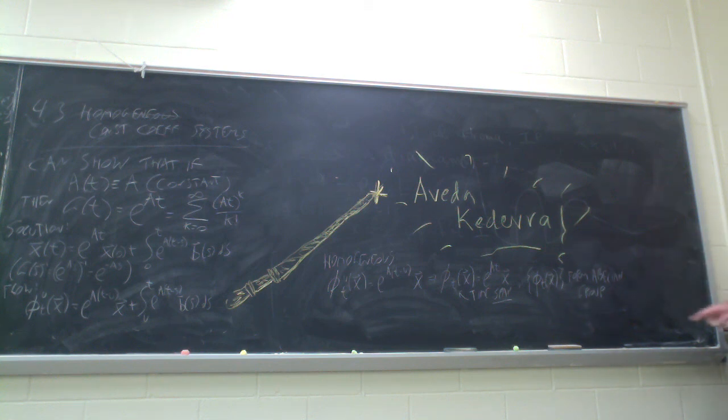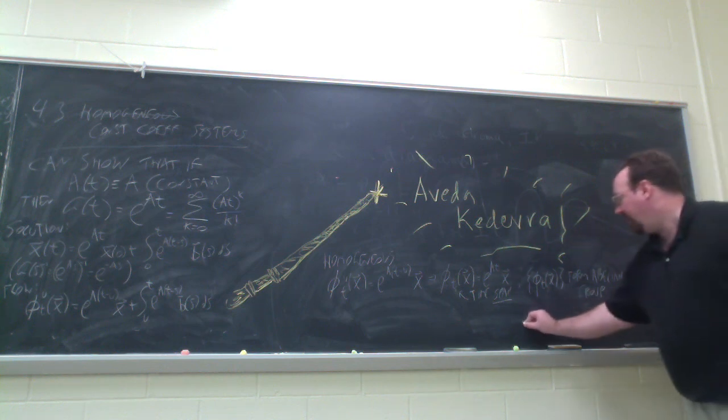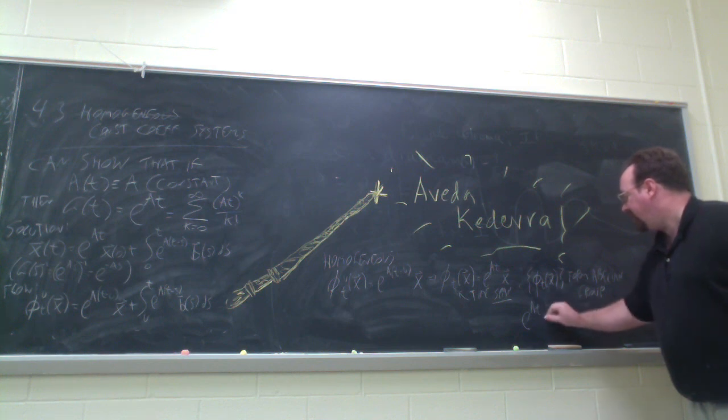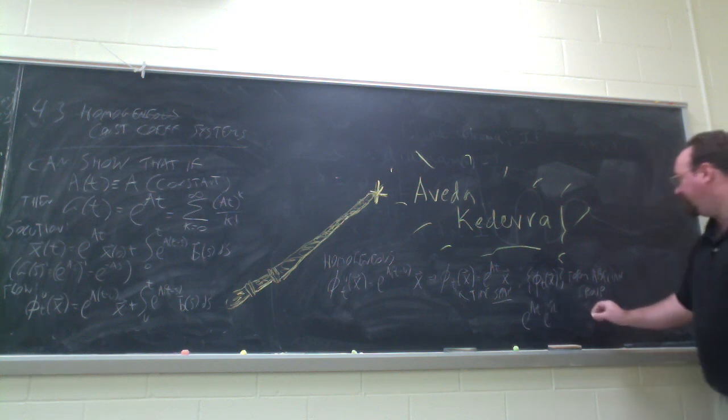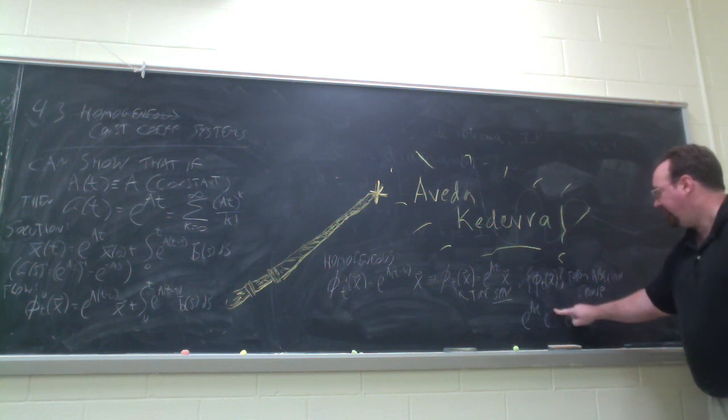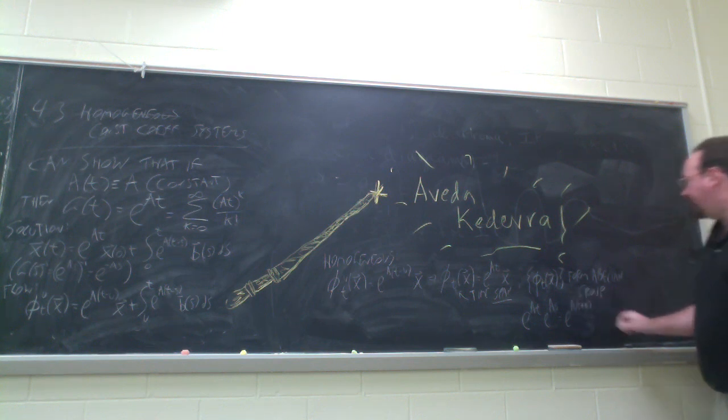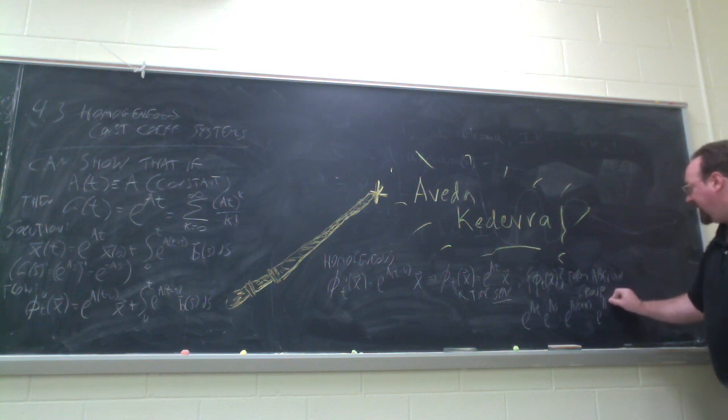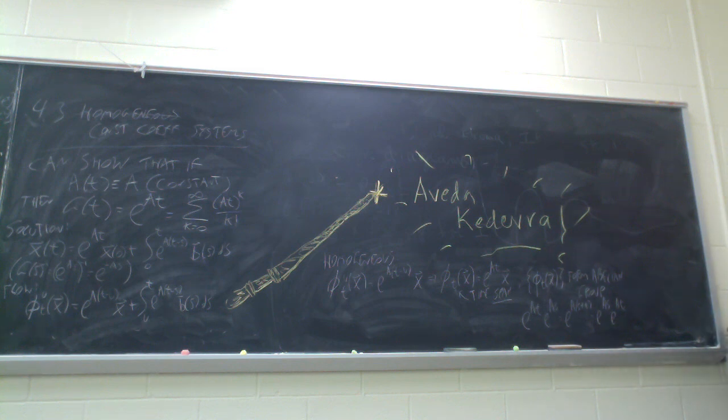Plus you have commutativity because e to the At, e to the As is e to the A(s plus t), but you can break that apart again as e to the As, e to the At. So that shows it's an abelian group. So we have an even nicer algebraic structure for a flow map in the homogeneous case compared to the non-homogeneous one.